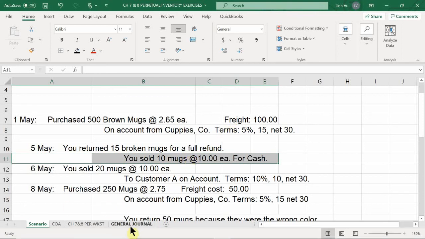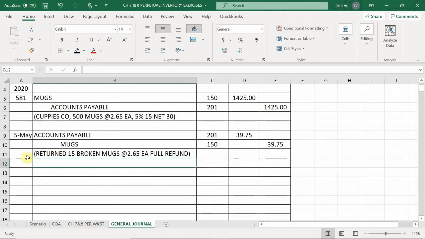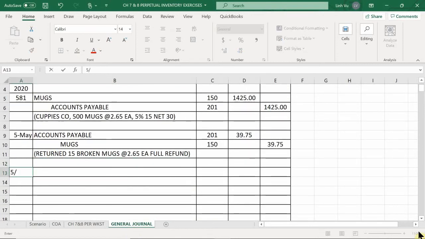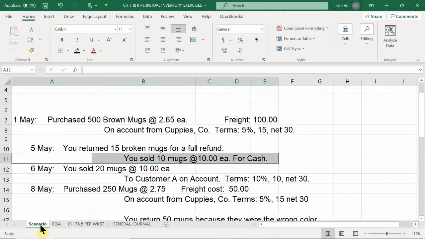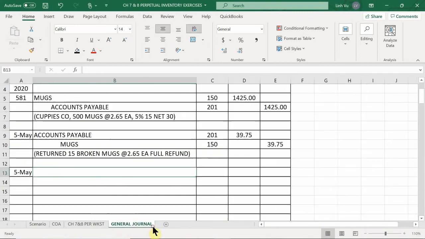So let's journalize that transaction first. It is still May 5th. If we sold 10 coffee mugs at $10 each, how much cash should I be receiving? $100, right? That is what 10 times 10 is.